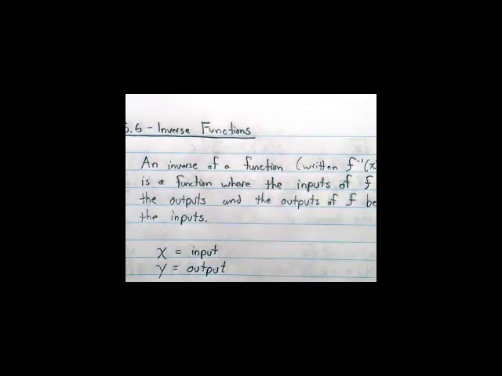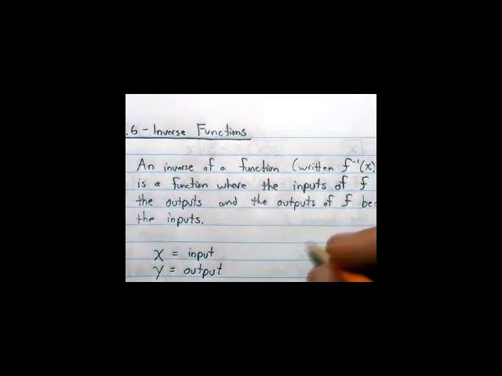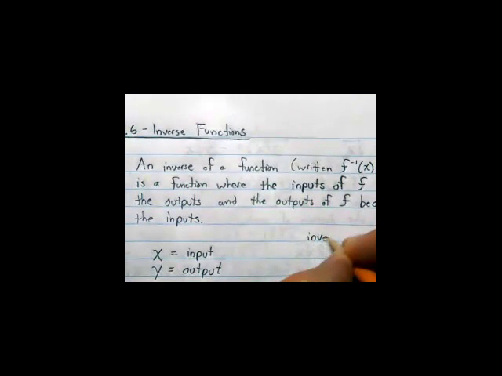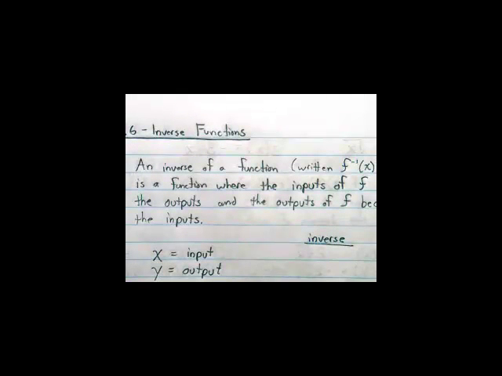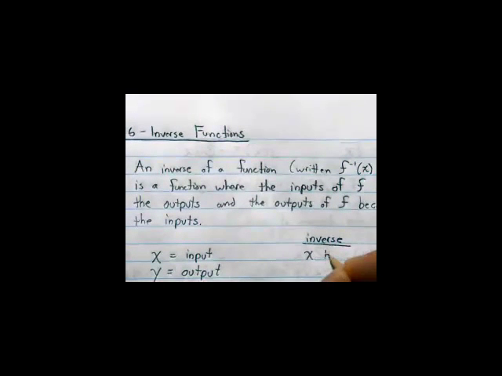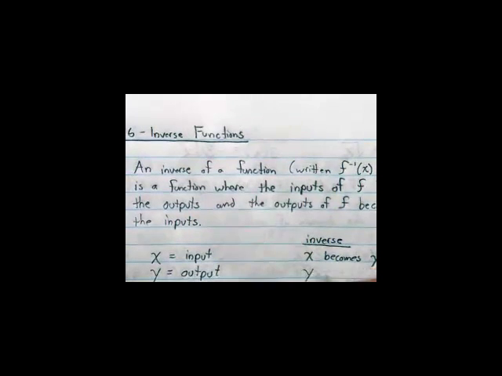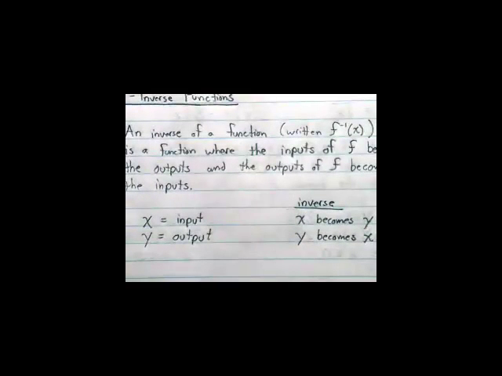So if input becomes output and output becomes input in an inverse, basically all that means is x and y are going to swap. So x becomes y, and y becomes x. So when you're actually doing this stuff in practice, it's not so bad.